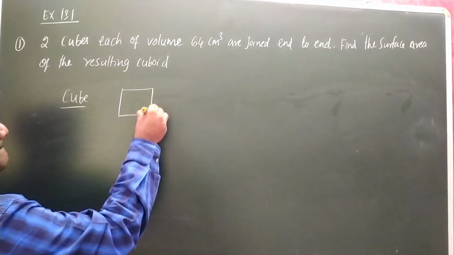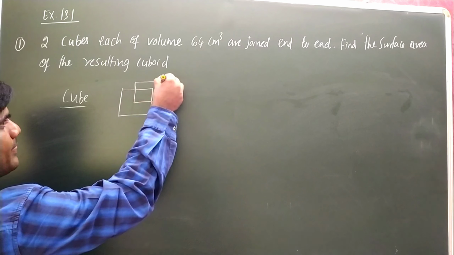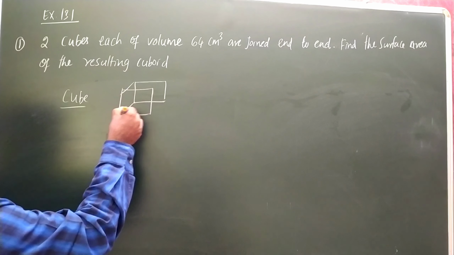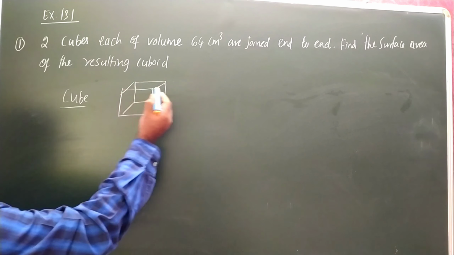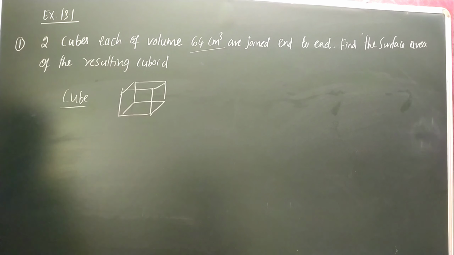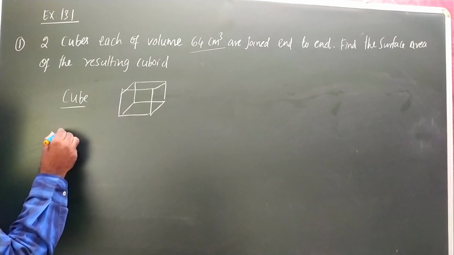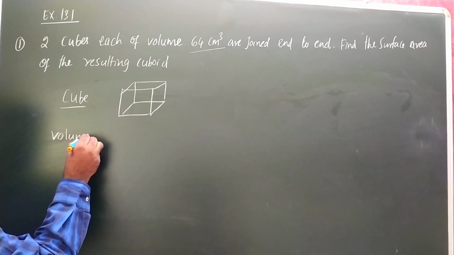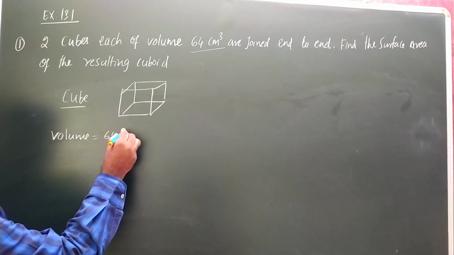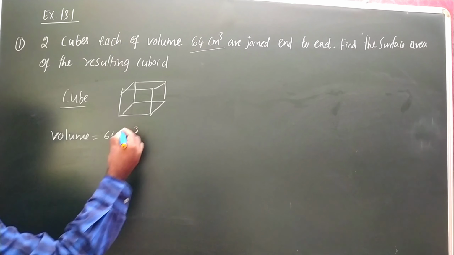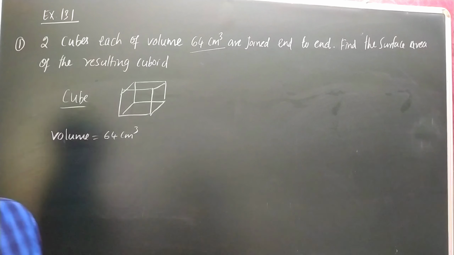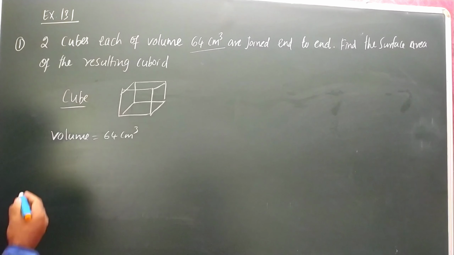First, taking the cube. The volume of the cube is given in the question. The volume of cube is 64 centimeter cube. So volume is equal to 64 centimeter cube. The volume formula of a cube is S cube.